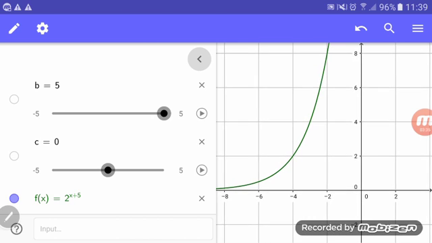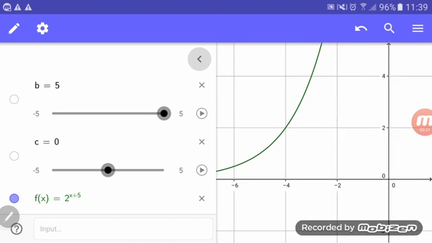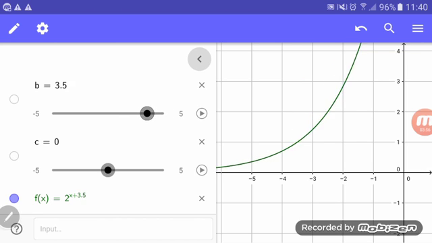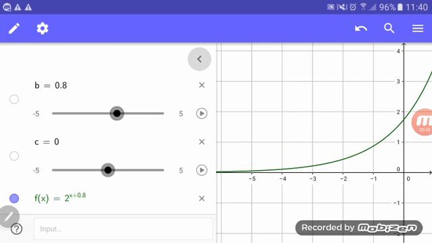If I zoom in a bit, you will notice that where on a basic equation the graph crosses through the y-axis at 1, it is now at -5. So very much like in a parabola, adding or subtracting something from x is going to shift our graph horizontally.